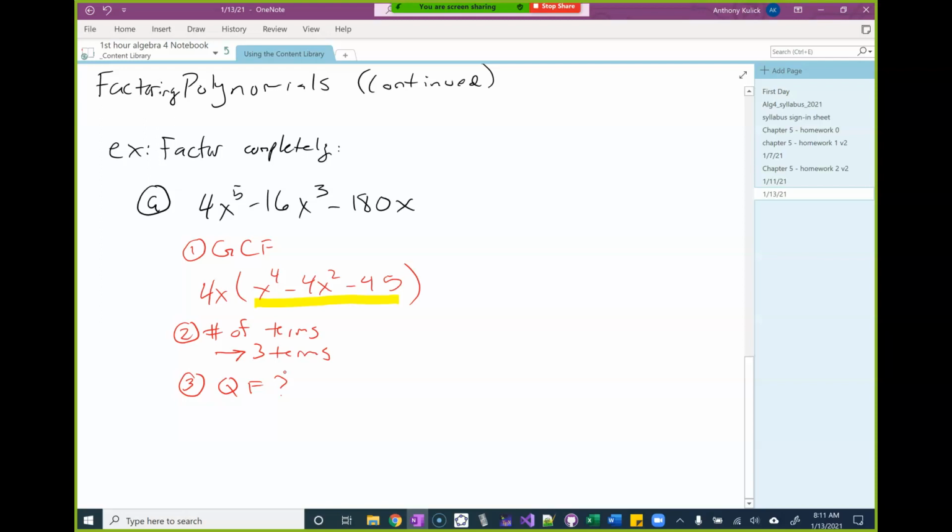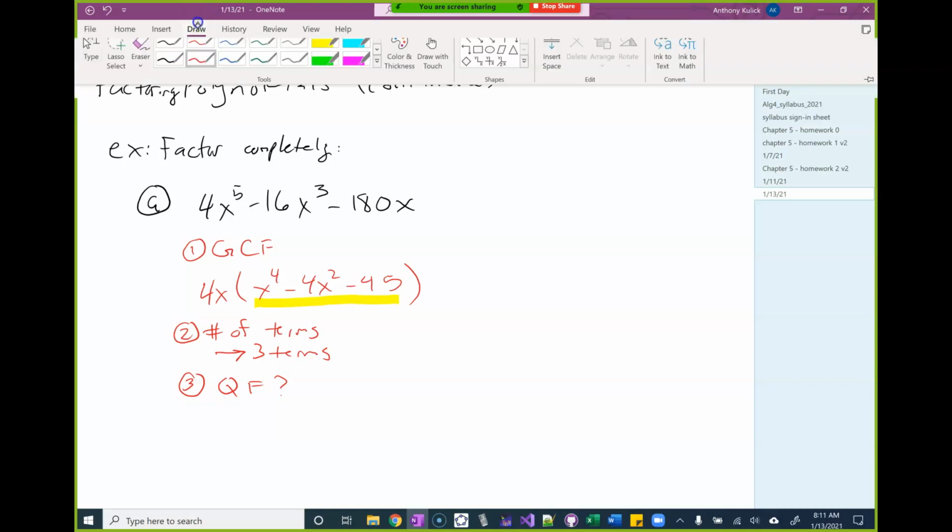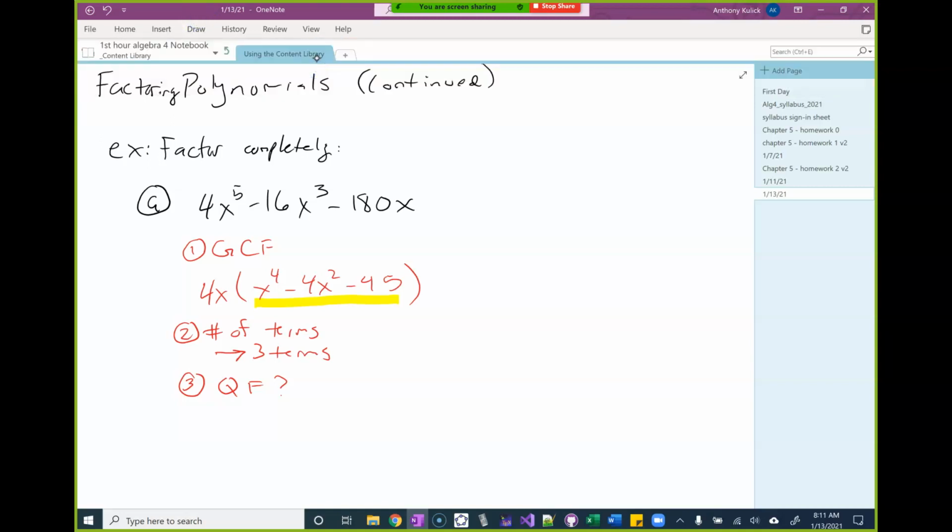Is this in the quadratic form? Yes, very good. How do I know that? I look at the exponents on the variables, because the biggest exponent is twice the next exponent, and the last number is a constant, is how I know it's in the quadratic form. Everybody agree there?